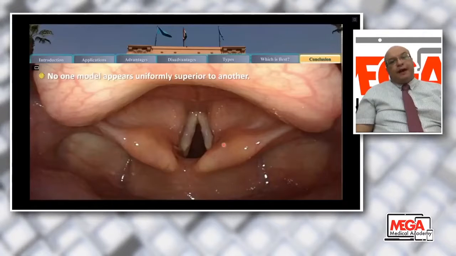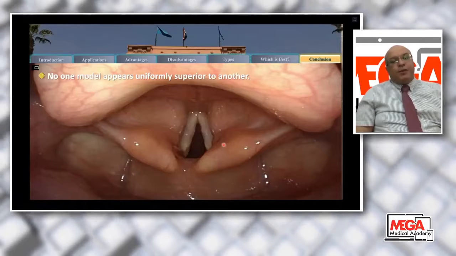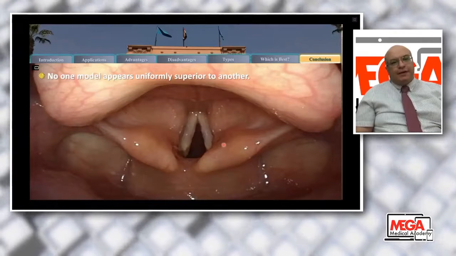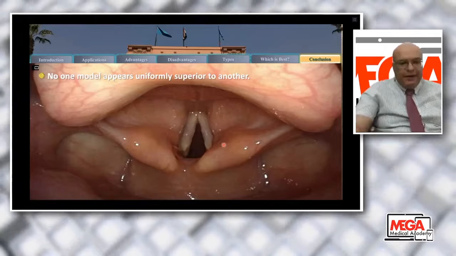So in conclusion, unfortunately, no one model appears uniformly superior to another. What you have to do, you have to use what is at your hand.